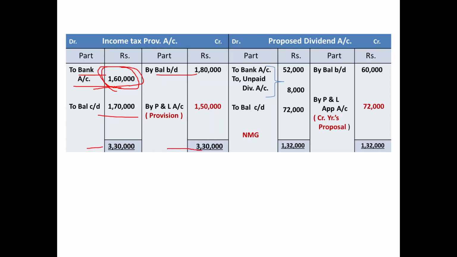Put it on the credit side, 3,30,000. That gives a balancing figure of rupees 1,50,000 on the credit side. What could it be? It must be the current year's provision for income tax. And the JE would be profit and loss account debit to income tax provision account credit, provision of the current year. Cash flow impact.